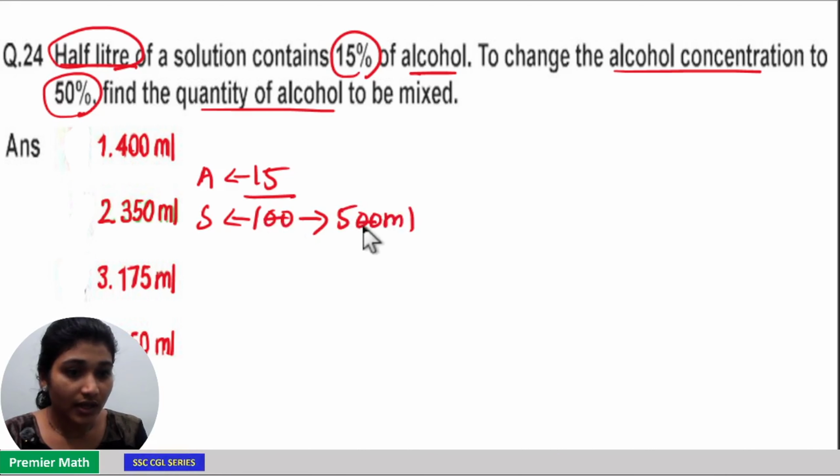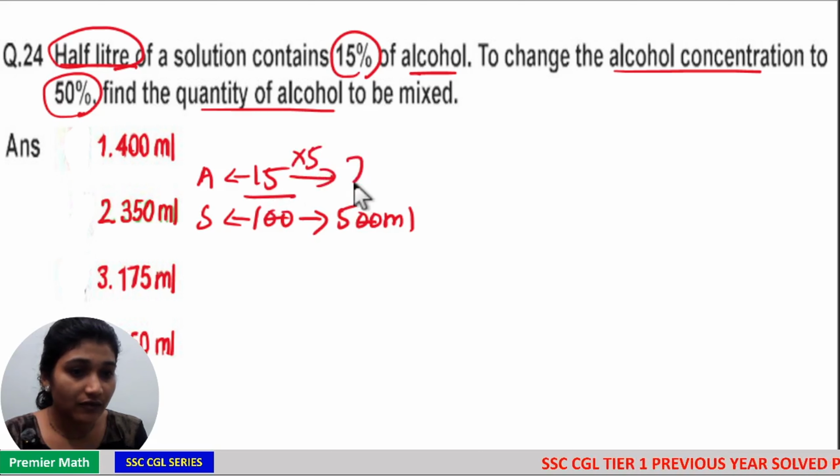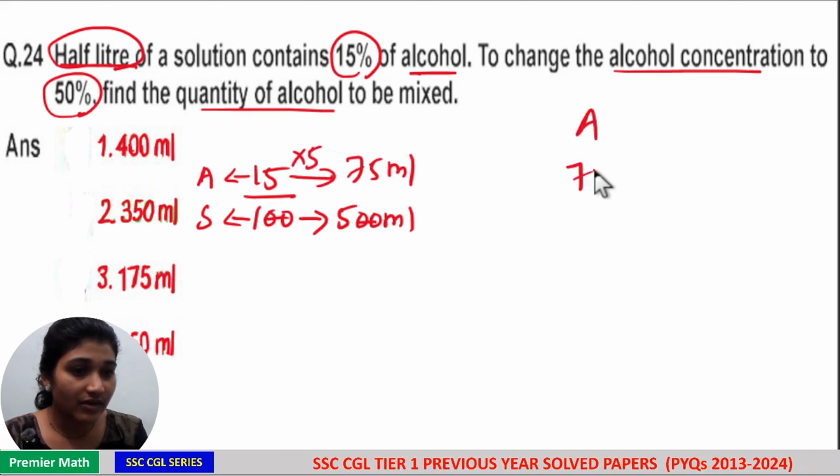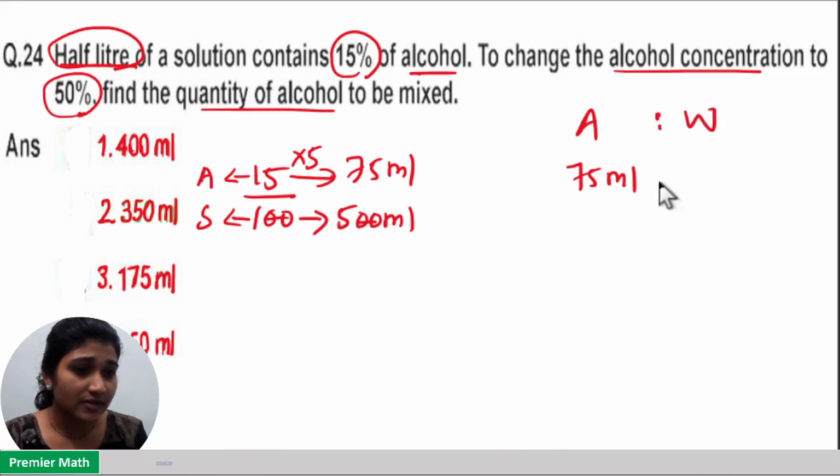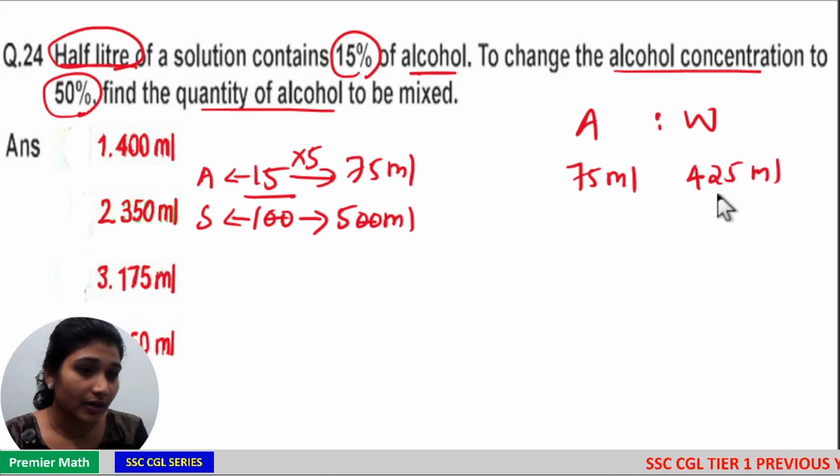So 0 cancel. Here 1 part is equal to 5 ml, means 15 part is equal to 15 into 5, 75 ml. Means here alcohol is 75 ml and I will take the remaining part as water. Water is 500 minus 75, 425 ml.